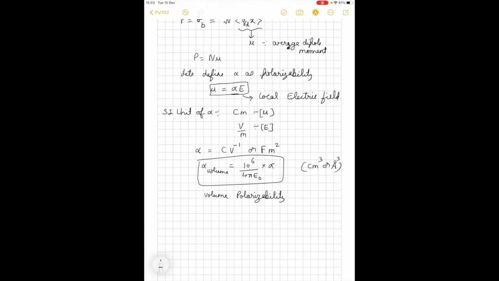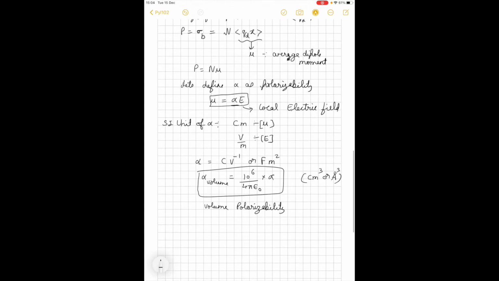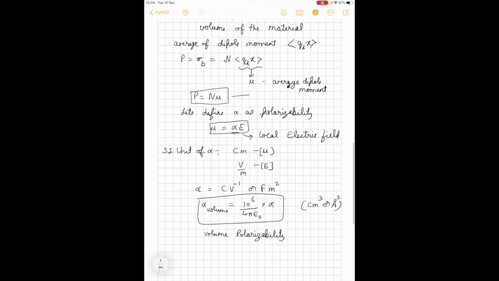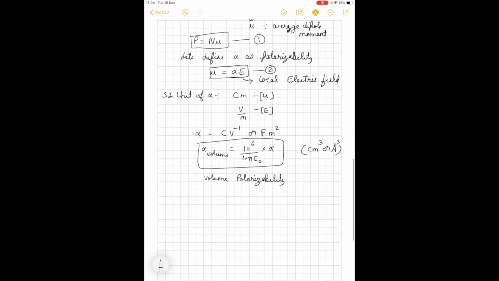All right, so now we will put down the value of this mu into this equation. Let me call this equation number 1. This is equation number 2. So from 1 and 2, our P is equal to N times alpha times E. Okay, and this is our equation number 3.